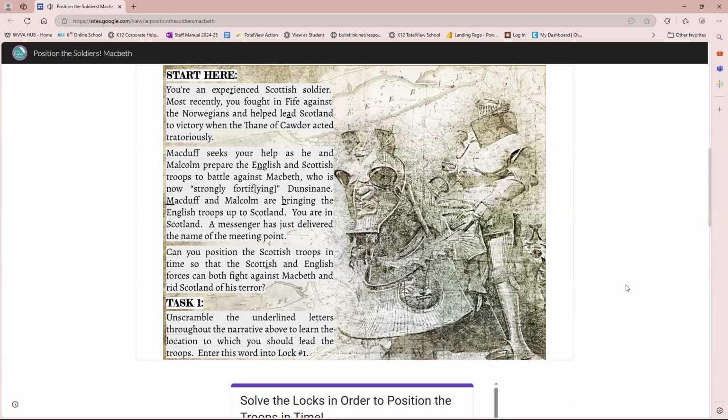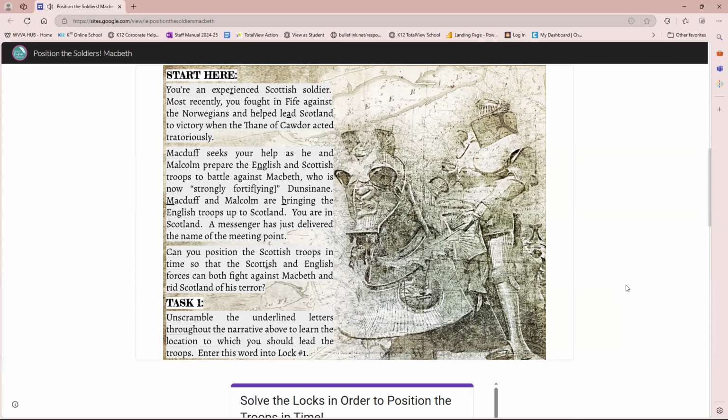You are an experienced Scottish soldier. Most recently, you fought in Fife against the Norwegians and helped lead Scotland to victory when the Thane of Cawdor acted traitorously. Macduff seeks your help as he and Malcolm prepare the English and Scottish troops to battle against Macbeth, who is now strongly fortifying Dunsinane.